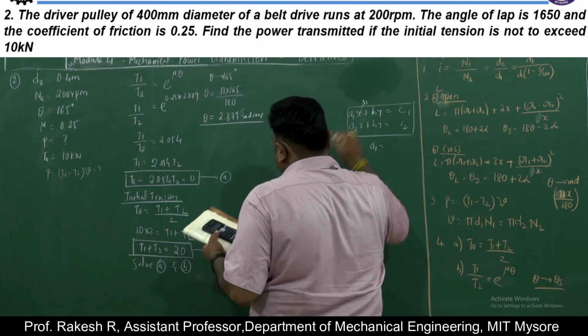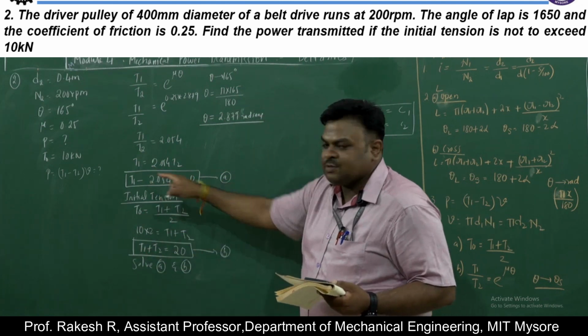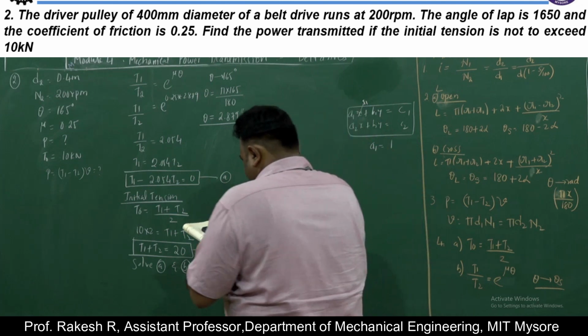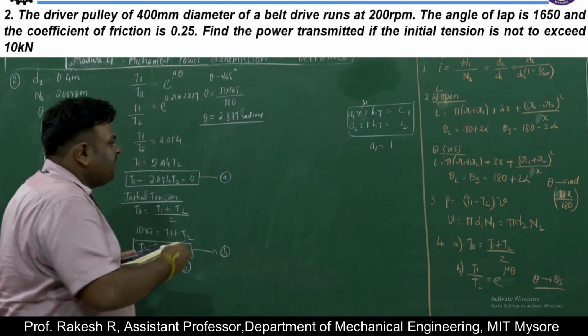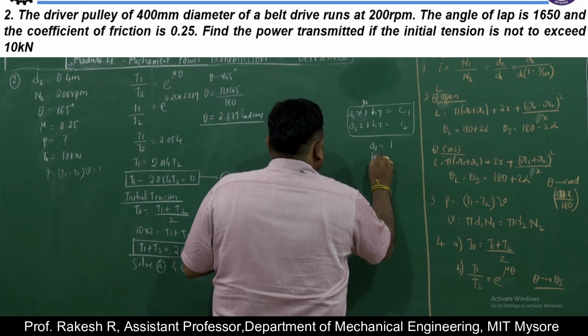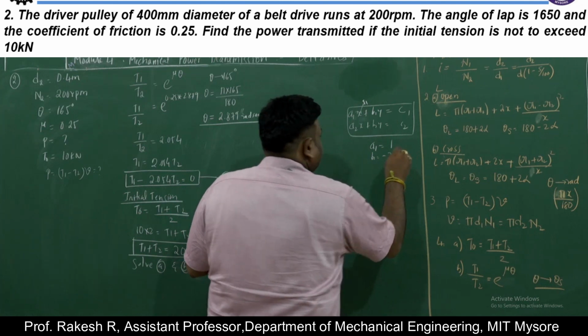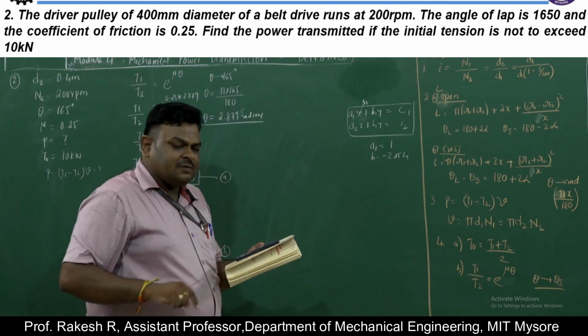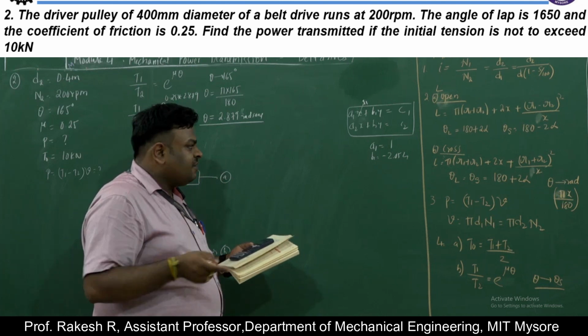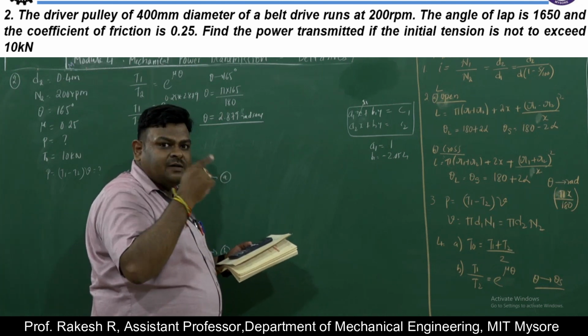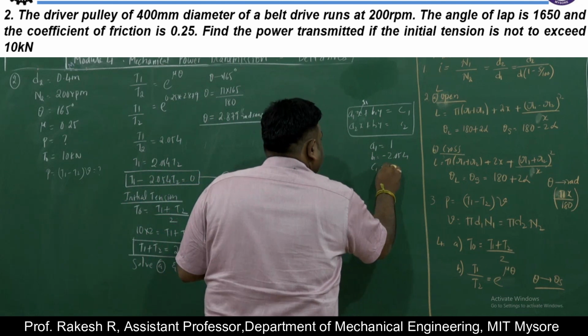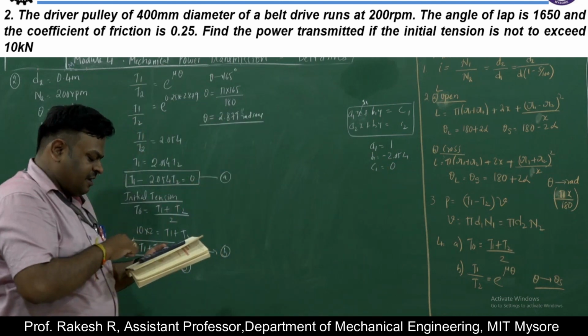It is the coefficient of T1. Coefficient of T1 is 1 here. You have to give A1 as 1, and B1 you have to give minus 2.054, enter. You have to give the minus value, remember. Then C1 value is 0.